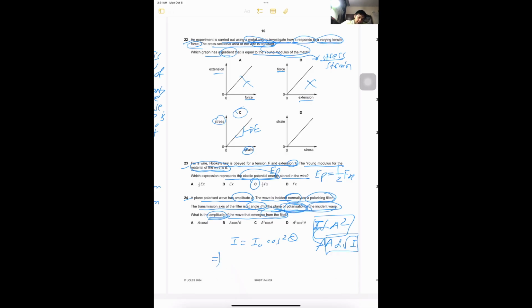So if we put root I equal to root I0 cos square theta, the amplitude will become A, which is the initial amplitude, times cos theta. So this is your solution, A cos theta. Because we've done a root of cos square, it became cos theta.